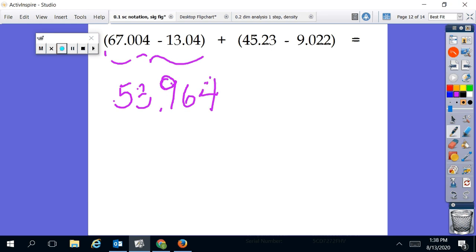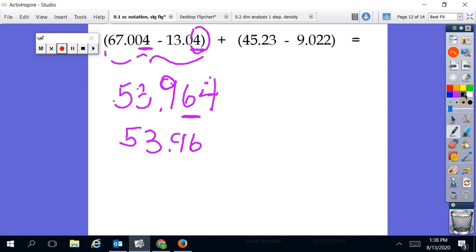Now, looking at addition and subtraction rules, I have to look at the least accurate term with respect to the decimal. In this case, it's going to be the hundredths place with this 4, so I've got to round to the hundredths place. My final answer for the purple part is going to be 53.96.